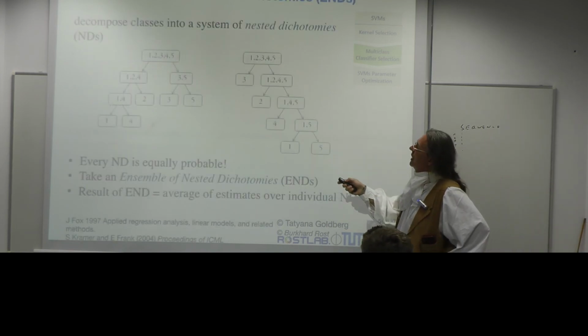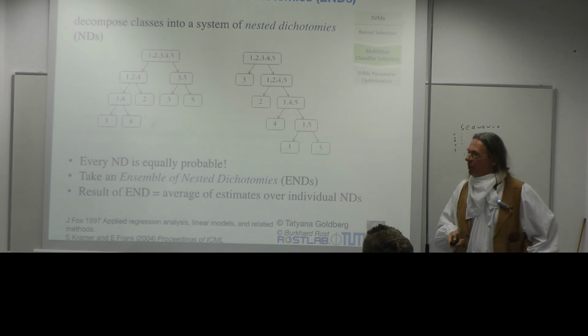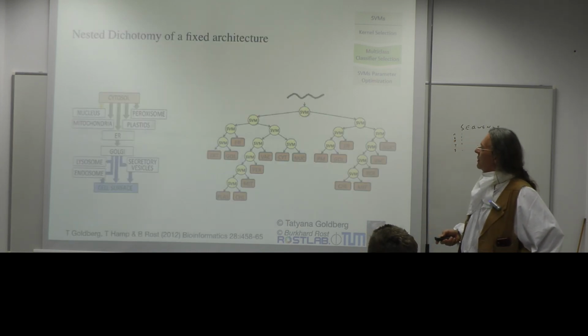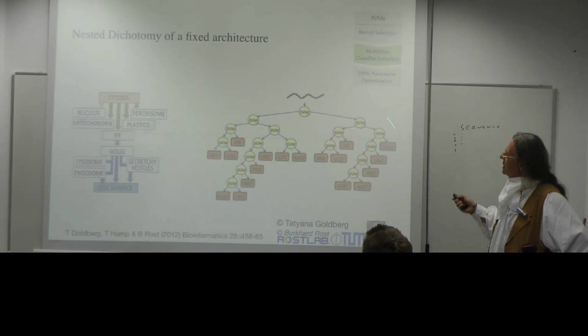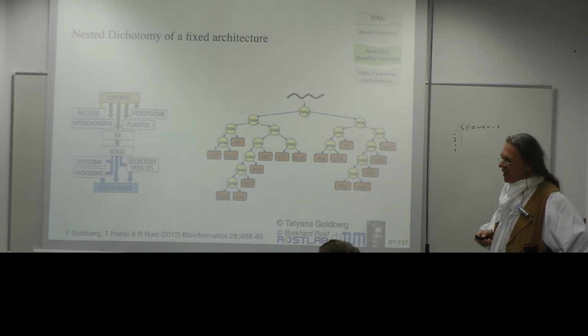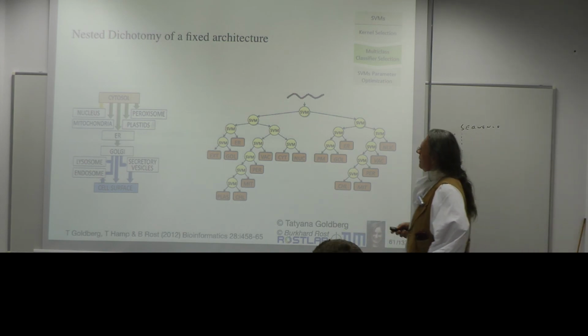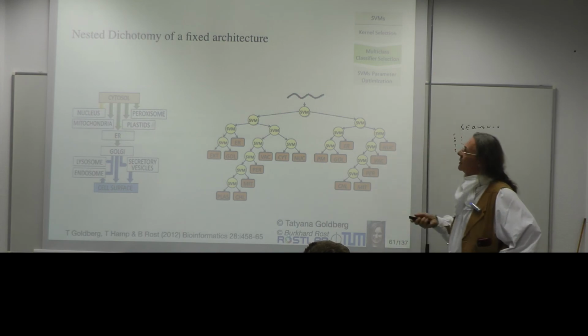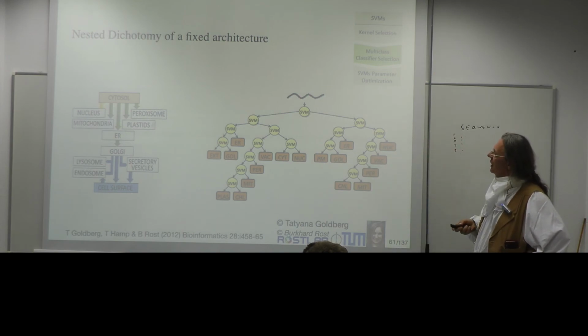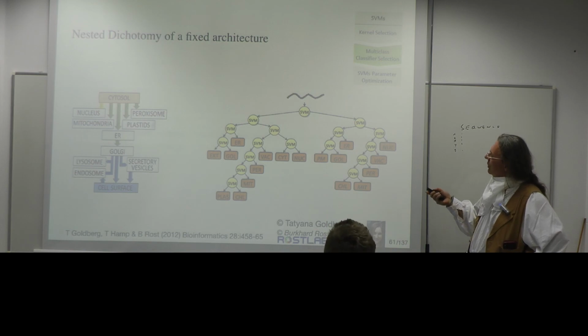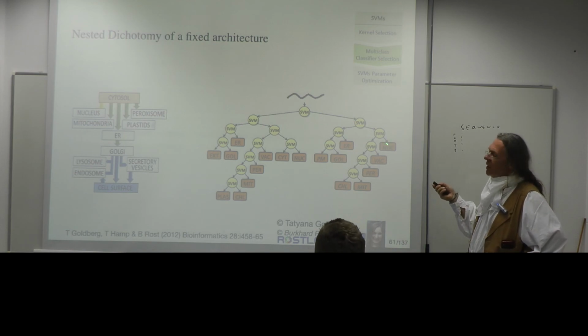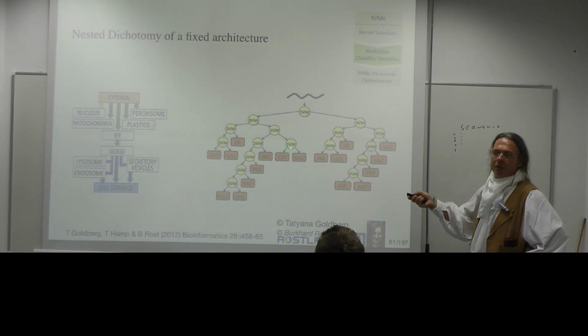The alternative would be to put it into particular hierarchies, and then the question is, how do we choose the hierarchy? And ultimately, the way we chose the hierarchy is partially pushed by the biology and partially by trying all possible things, and this was as good as any other. In this one, the first decision is membrane or not.